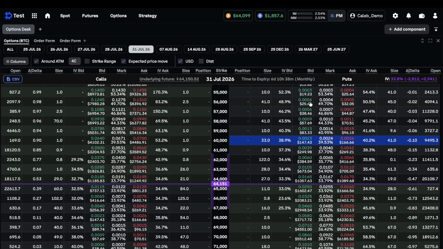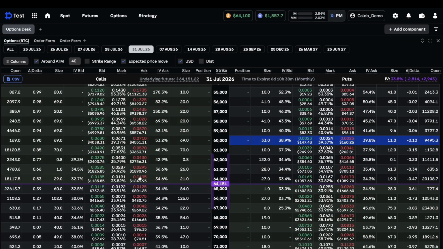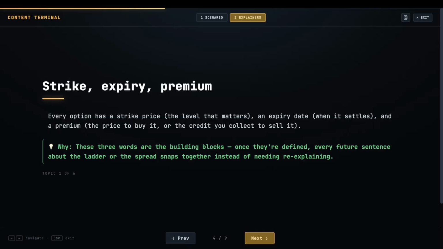So if you're selling an option, you always look at the green section here. This is the put side, this is the call side, and when you're selling options, you always look at these green values here, the bid side. And if you're buying options, you always look at the ask price, the red side here. Cool. So that's easy.